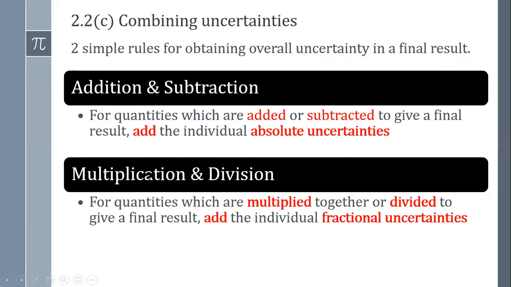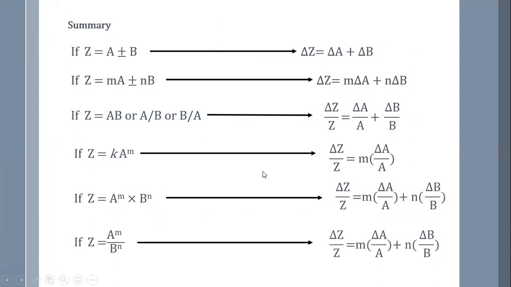Another group of data is a little more complex: multiplication and division. We go for the third one first. Z equals AB, A times B. How will the uncertainty be?